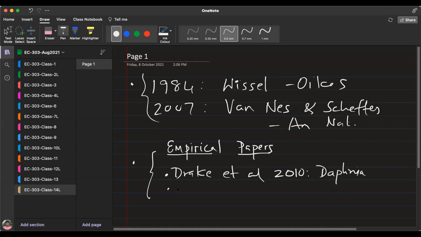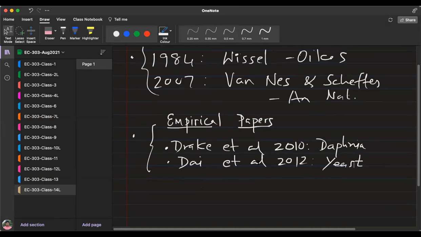And then there is another paper, I think around the same time, that uses yeast as a model system. These are both experimental papers.